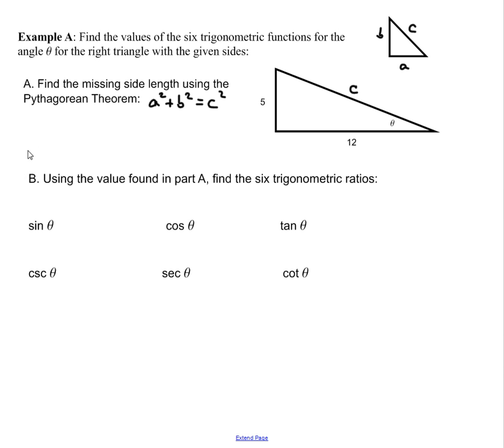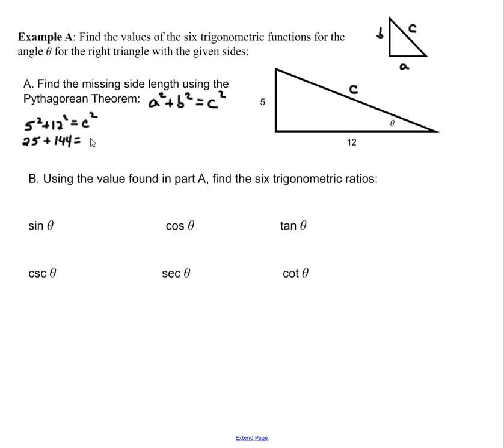So let's work this out. We've seen this before, so the answer should be coming fairly quickly, but let's work it through anyways. We've got 5 squared plus 12 squared is equal to C squared by this formula. Let's see, 5 squared is 25. 12 squared we know to be 144.